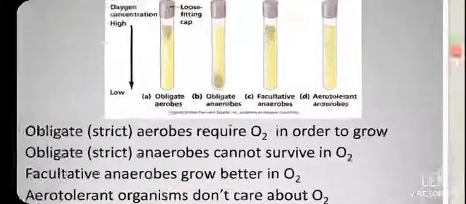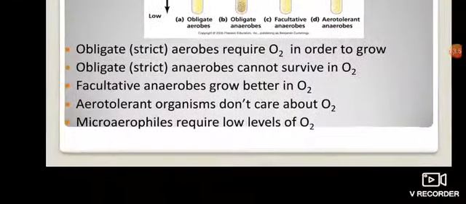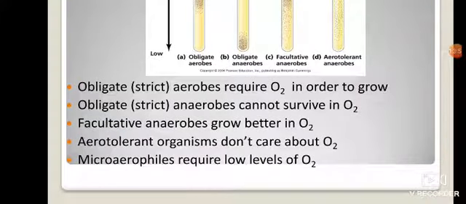Now the next one we are going to observe is the aerotolerant organism, which doesn't care about oxygen. This is one of the classes, aerotolerant organisms do not care about oxygen, means even if there is no oxygen they can survive easily.